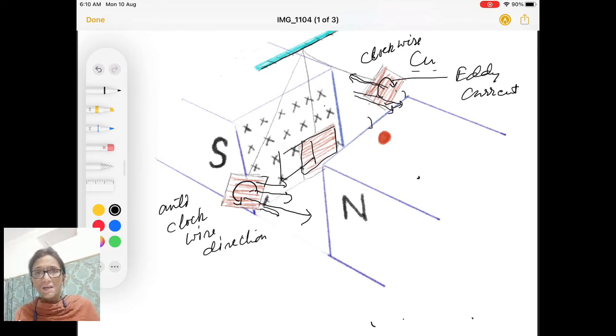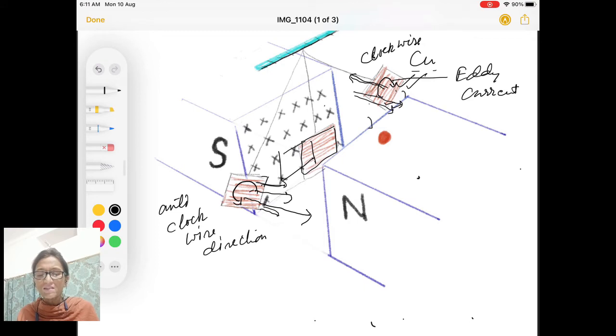So it will try to oppose the increase in magnetic field lines through it, and in trying so, it will slow down its velocity. So its velocity is reduced here, and while going out, again it will try to strengthen the decreasing magnetic field lines.